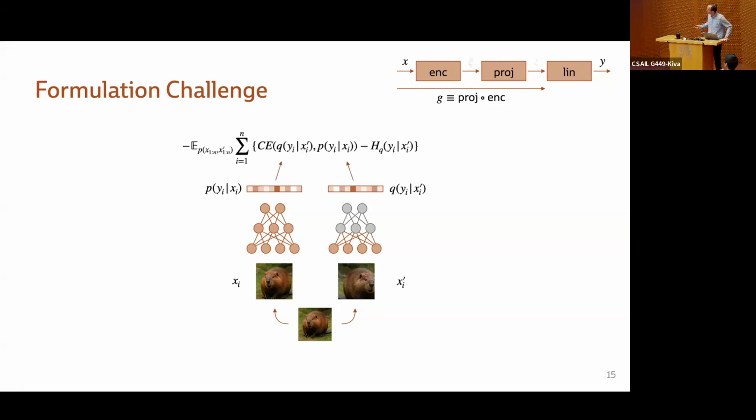And the loss that people typically use is defined in this way. You have a distance that forces the two representations to be close to each other, so somehow you enforce some sort of invariance, as we were mentioning before. And then you also want to maximize the entropy of your clusters, so you would like to leverage as many clusters as you can.